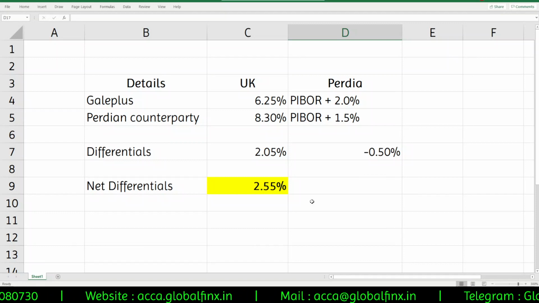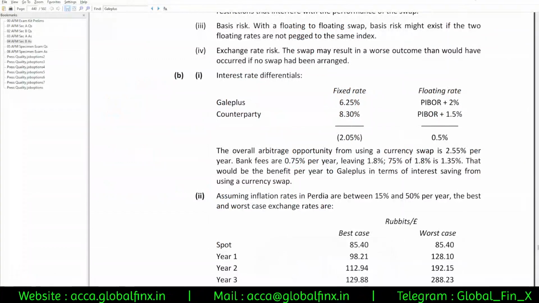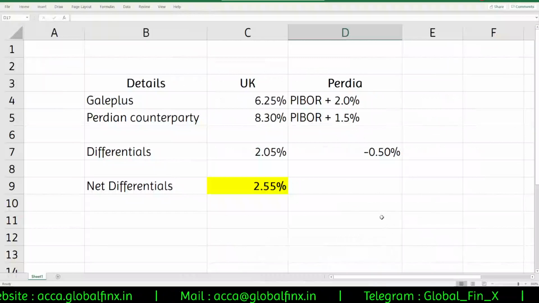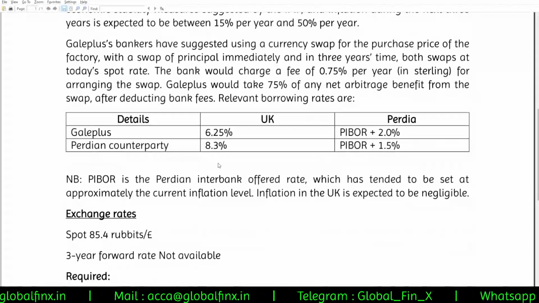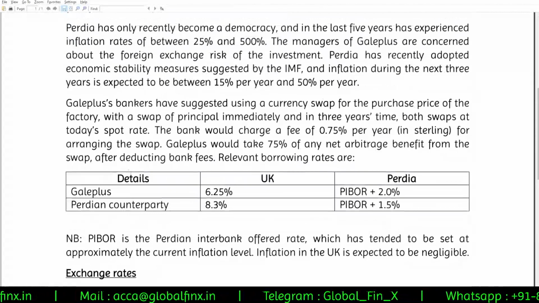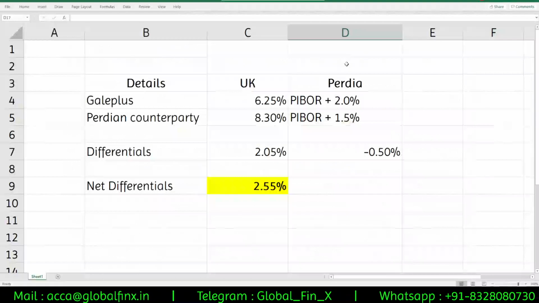And they have given you some bank fee, right? The banker would charge a fee of 0.75% per year.